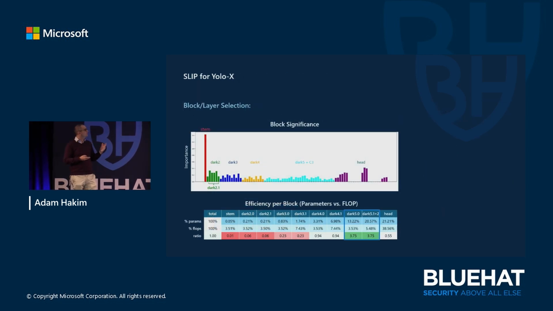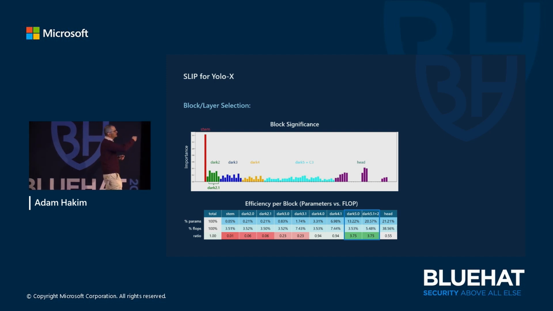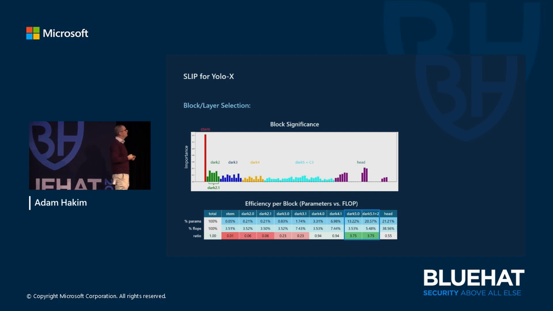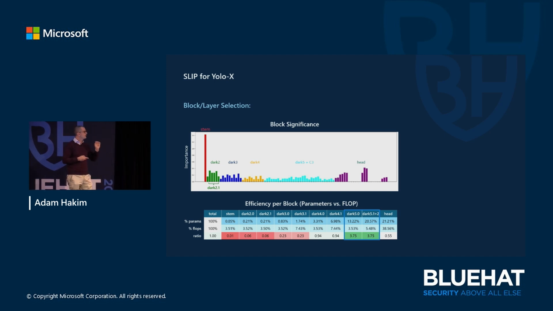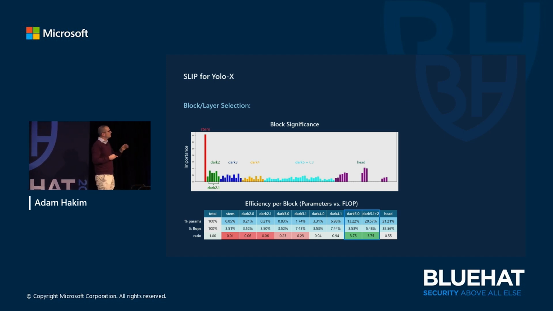This is an example on YOLOX. You can see the different blocks that YOLOX has and the significance based on the gradients of all of the blocks. And you can see that we did some calculation to find the most efficient block in terms of parameters versus operations. That's block number 5.